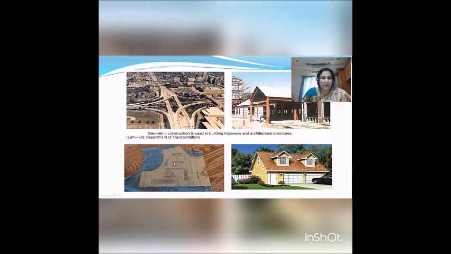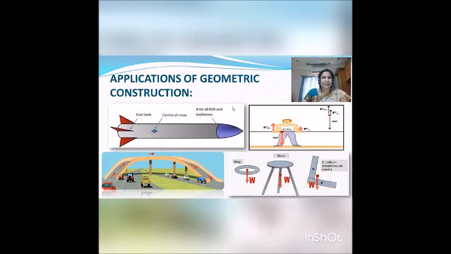So all these types of structures are basically dependent upon our geometric construction. So these are some more pictures about it. This is a rocket. This is a man pulling up some instrument. This is the flyover and these are some other instruments.